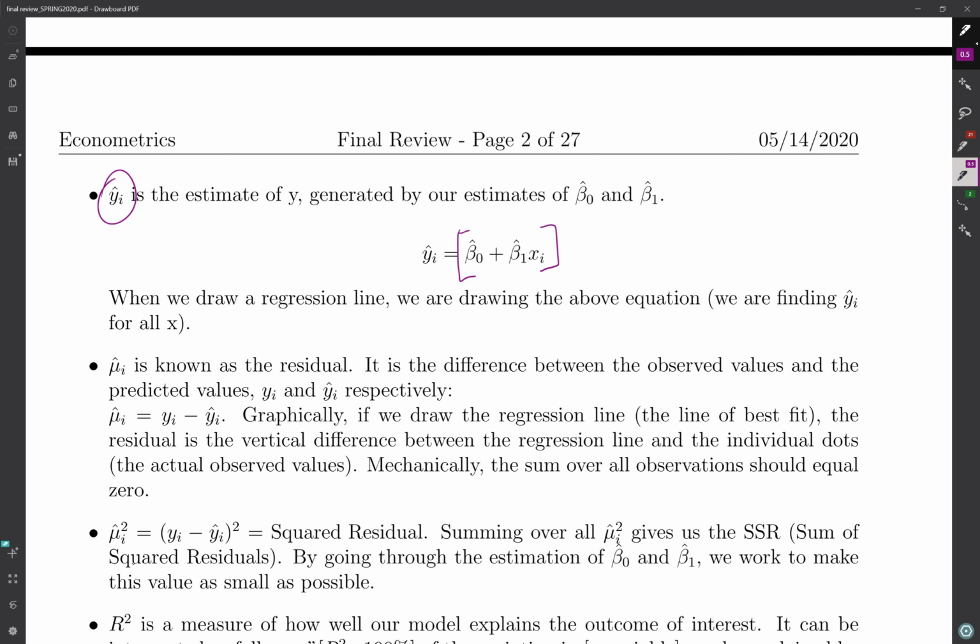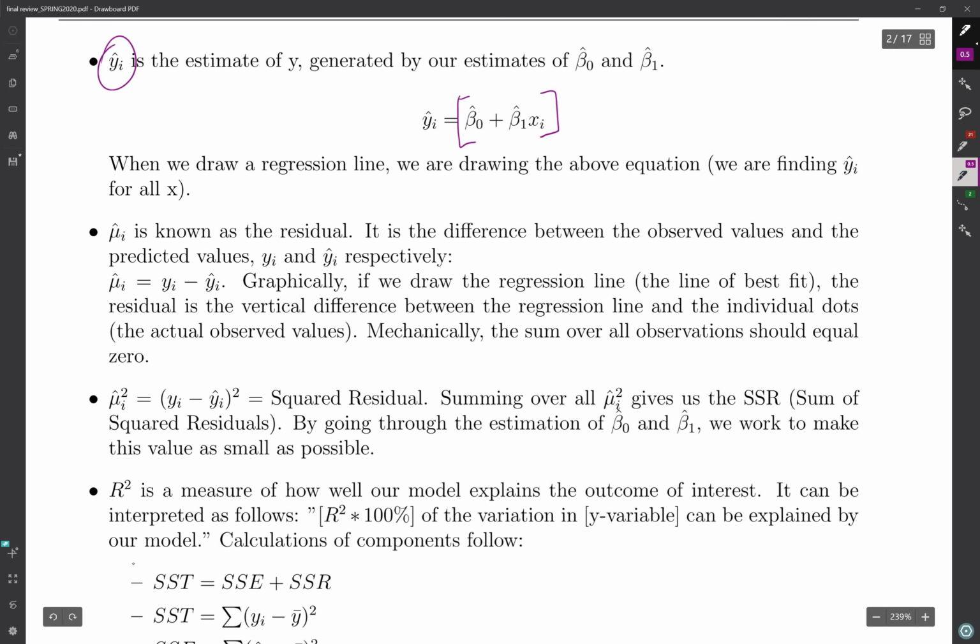Through that prediction, we can learn a little bit about our model. We can compare it to the actual yi, and if we do that by subtracting yi hat from yi, we get what's called the residual.